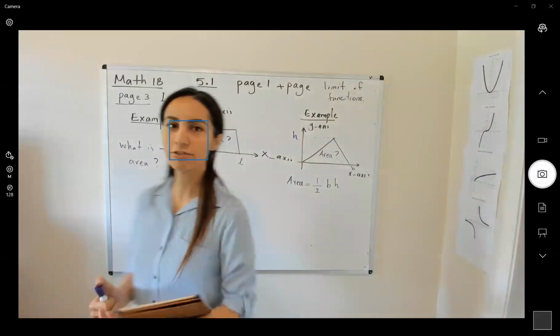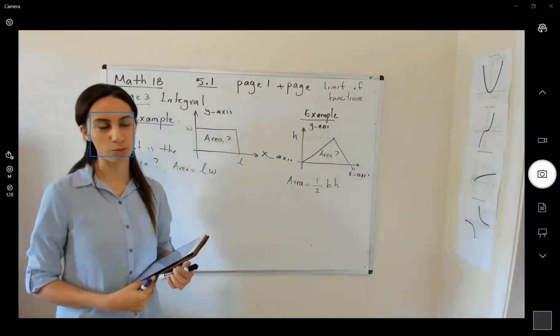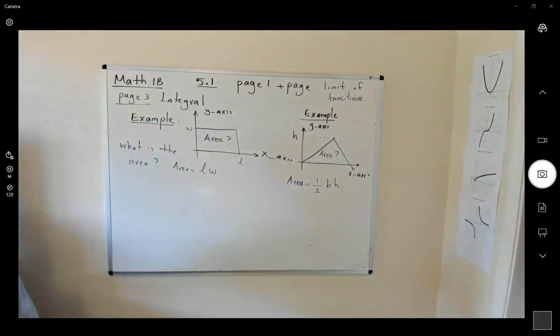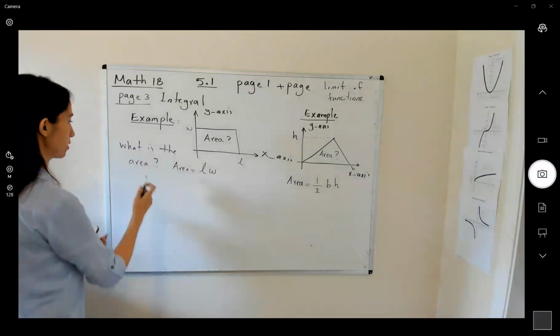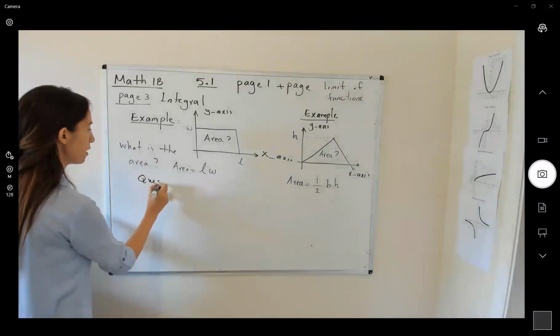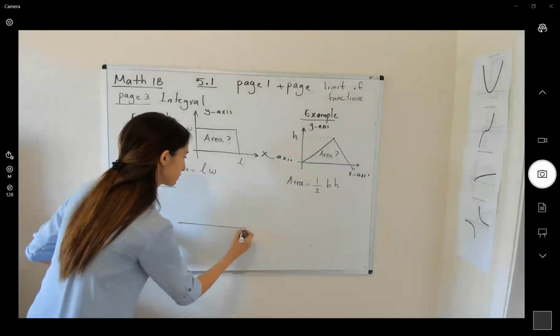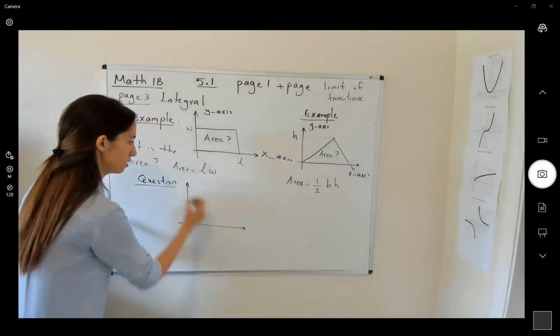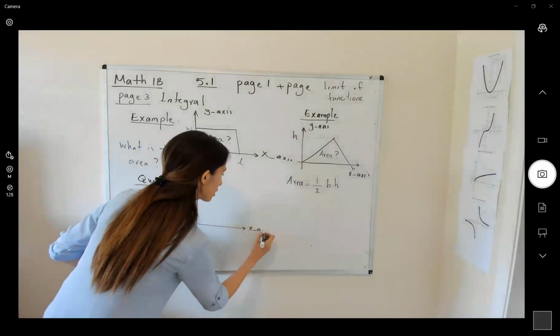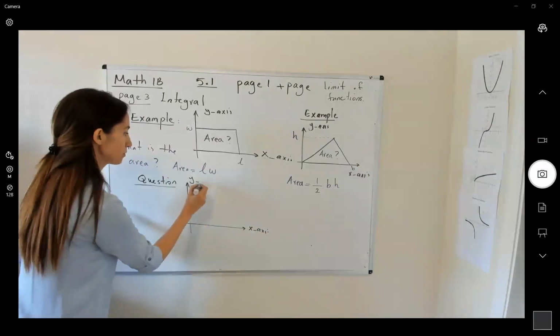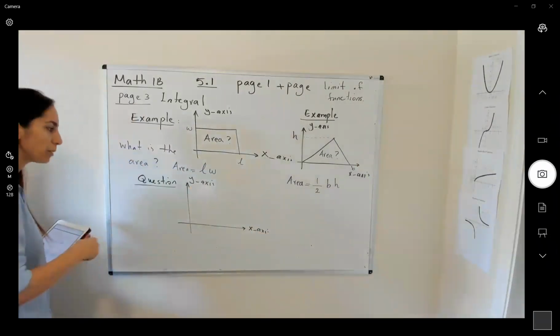Well, what if we have more complicated objects? I expect you to ask, Professor, what if I have this object here, x-axis, y-axis, and my shape is like this?